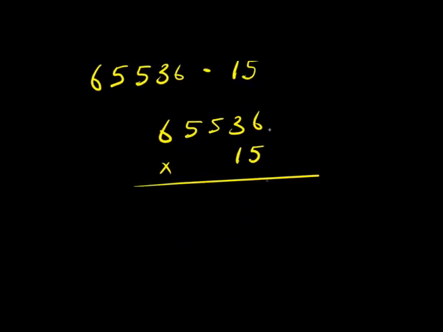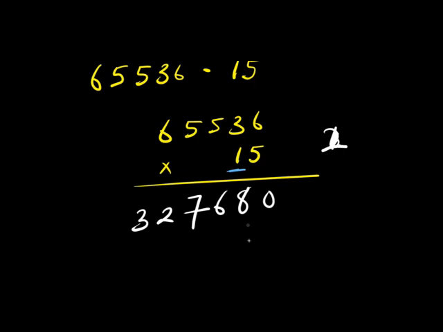So we have 5 times 6, 30, 0 over 3. 5 times 3, 15 plus 3, 18. 8 over 1. 5 times 5, 25, 25 plus 1, 26. 6 over 2. 5 times 5 again, 25, 25 plus 2, 27. 7 over 2. 5 times 6, 30, 30 plus 2, 32.